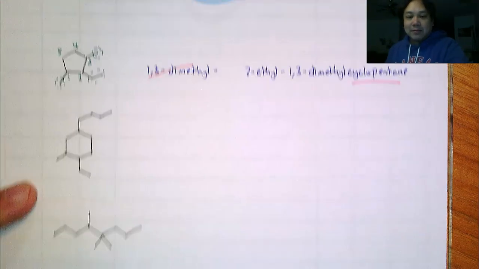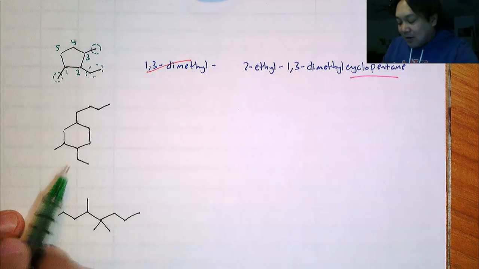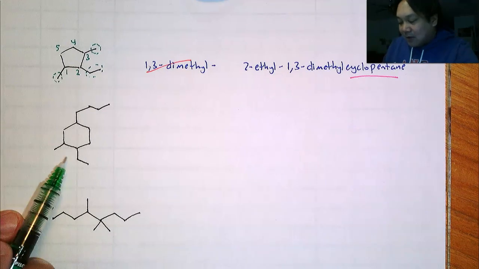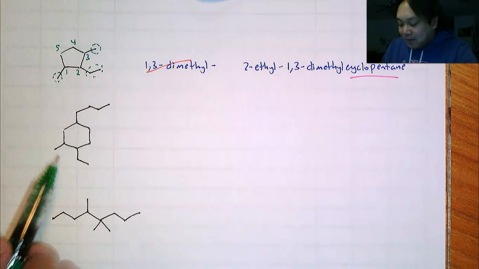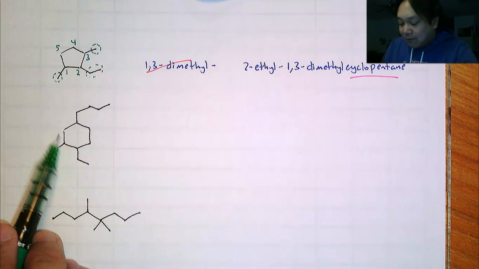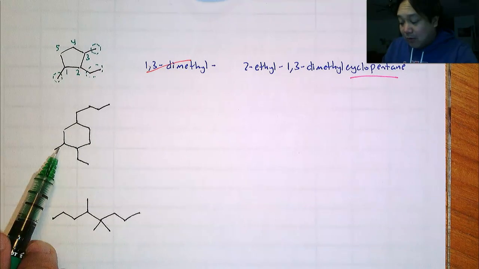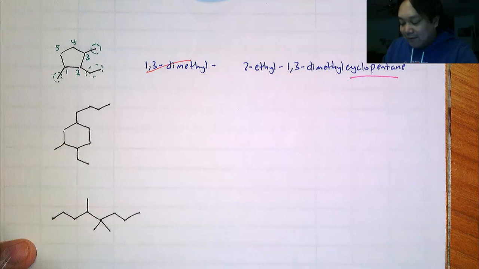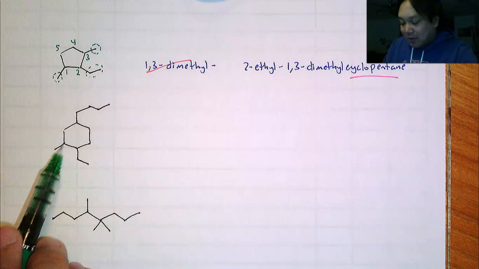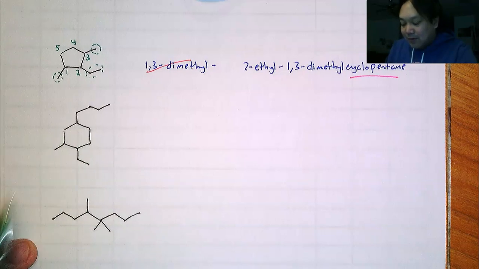The numbering on this molecule is tricky. There's supposed to be a substituent on carbon number 1, and we have 3 substituents. We could go 1, 2, 3, 4, or 1, 2, 3, 4, 5, but that doesn't look right. Or we could even start here as 1.